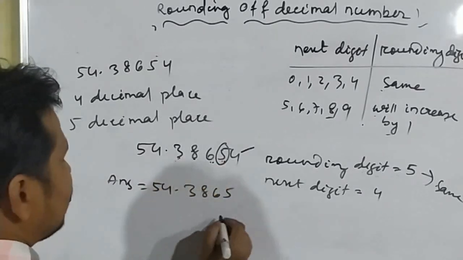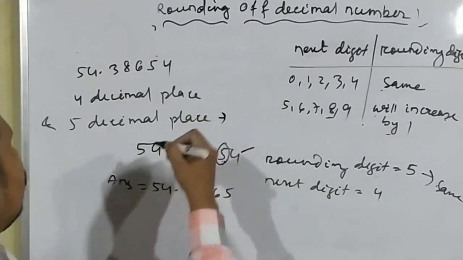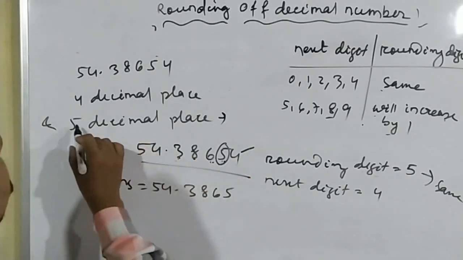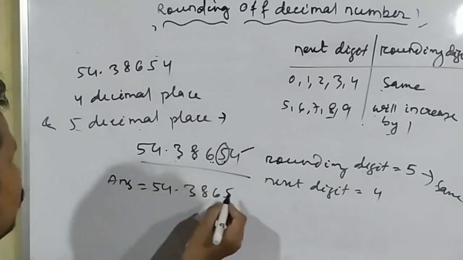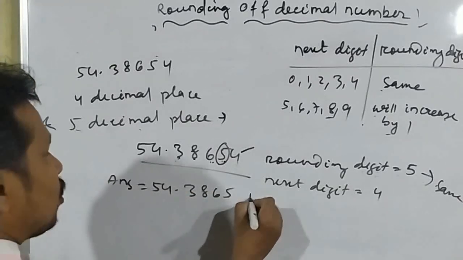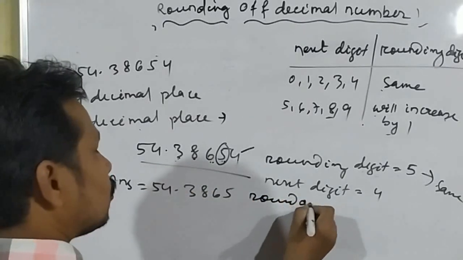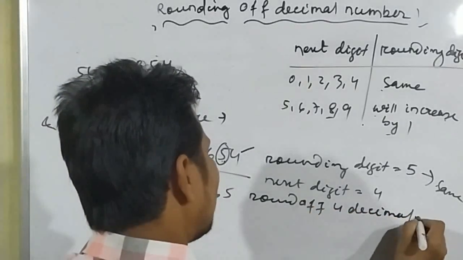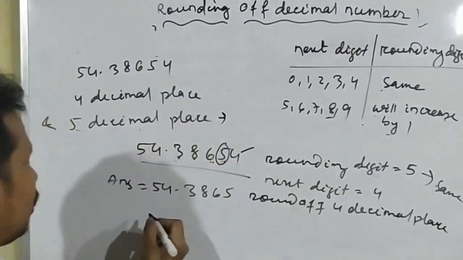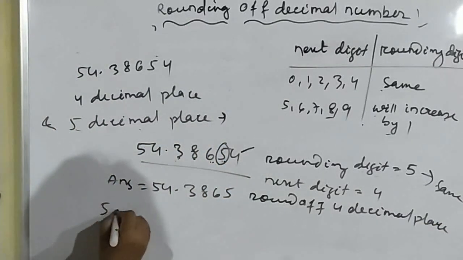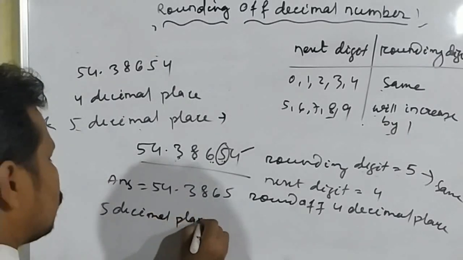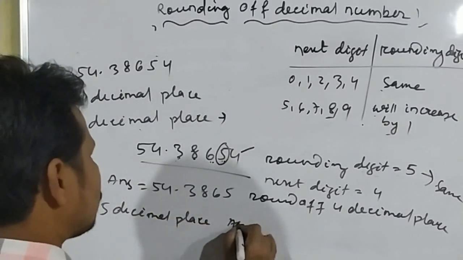So if we round off this number up to 5 decimal places, then the answer will be 54.38654.